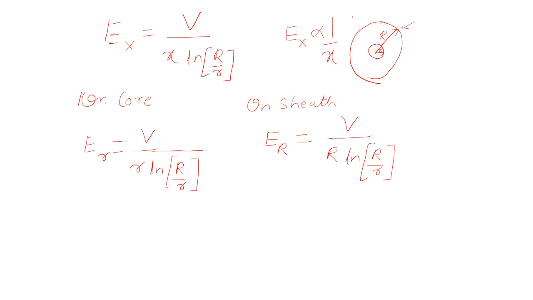So if you draw the electric field stress graph with respect to the distance or the radius, the core radius is quite small and your insulating surface radius will be more, so electric field stress will be more at the core and it will be very less at the surface.